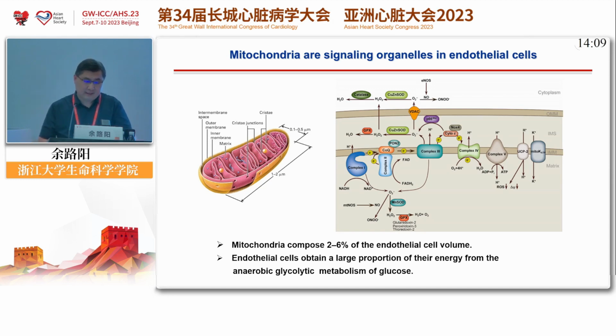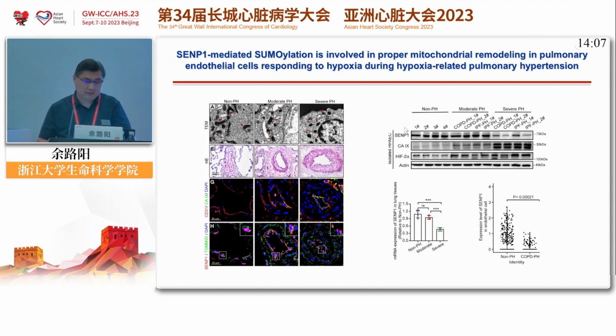Our study also started from clinical specimens of group 3 pulmonary hypertension. In the moderate group, we can find most of the mitochondria in the pulmonary endothelium are normal, although a kind of fission.